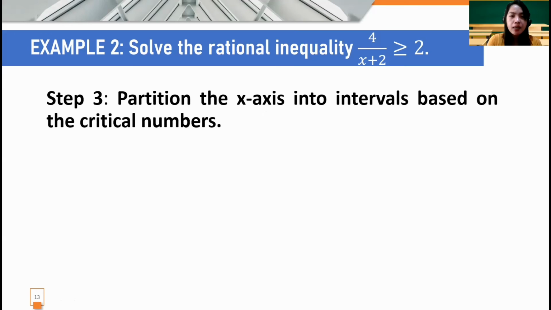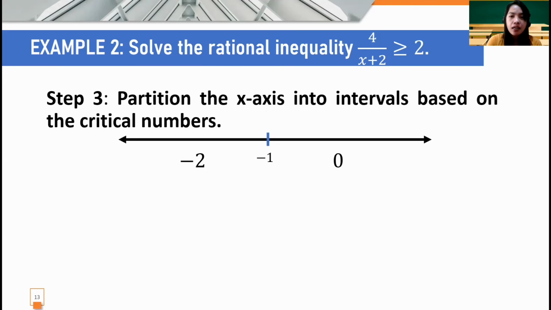Step number 3. Partition the x-axis into intervals based on the critical numbers. Again, we have here a number line for us to graph yung mga critical numbers from step number 2. So, paano natin i-graph yung mga critical numbers sa number line? Take note that in the inequality given, we have the symbol greater than or equal to.